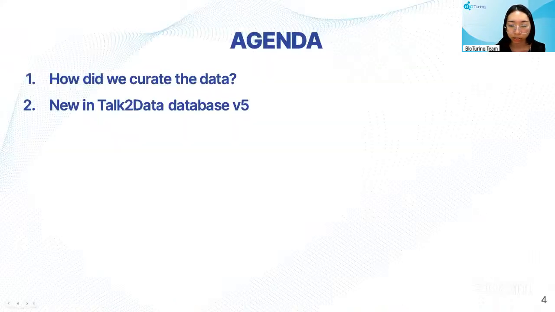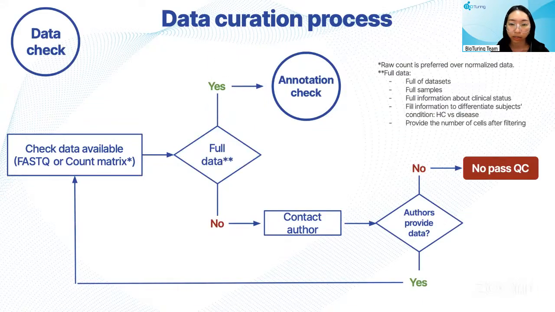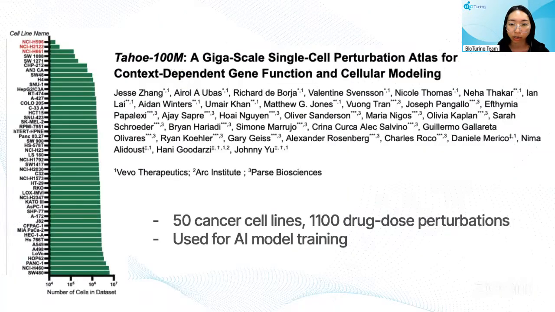This is the preprint paper in which you're able to see the data set and see how the authors have analyzed it themselves. Within this data set, there were 50 cancer cell lines, 1,100 drug dose perturbations, and they also used this data set for AI model training as well. This data set is available on Talk2Data, so Hazel will show you where you can find it.